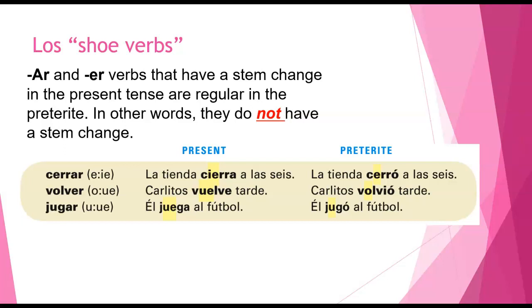Carlitos vuelve tarde in el presente. In el pretérito, there's no change. Carlitos volvió tarde. Jugar, which is U to UE. Él juega al fútbol in el presente. En el pretérito, él jugó al fútbol. So we don't see the change there. We will talk about, in the next lesson, about IR verbs. Okay. For right now, AR verbs, ER verbs, even if they stem change in the present, they will not stem change in the past.